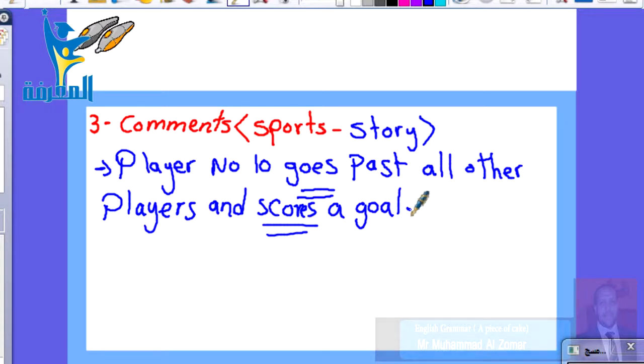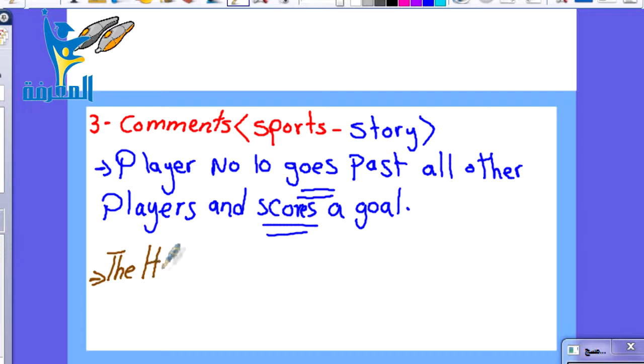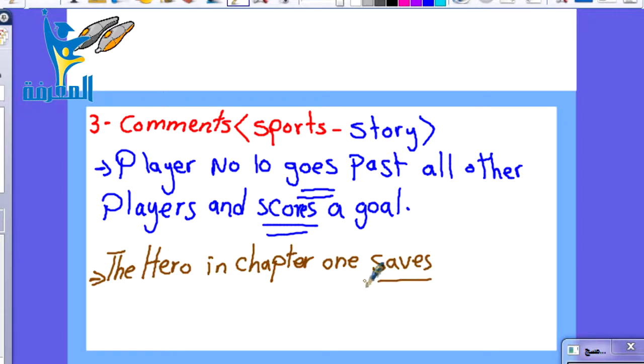Let's try the story comment. If you are talking about a story or telling the story or the plot of the story, you are describing it. So you will say the hero in chapter 1 saves from kidnappers.